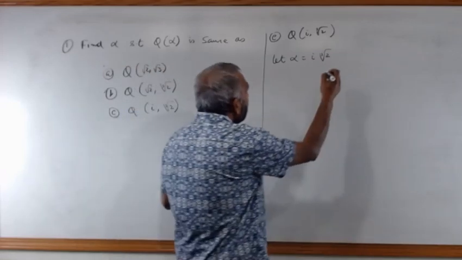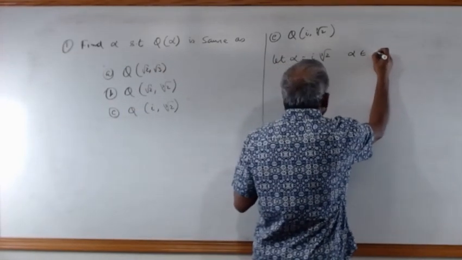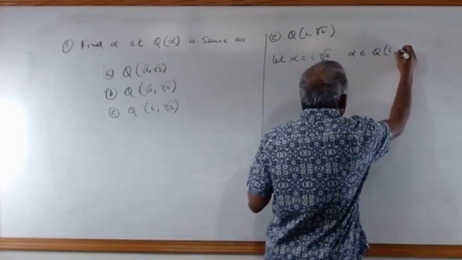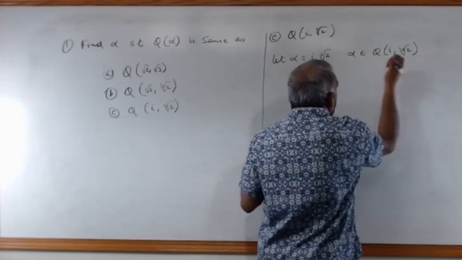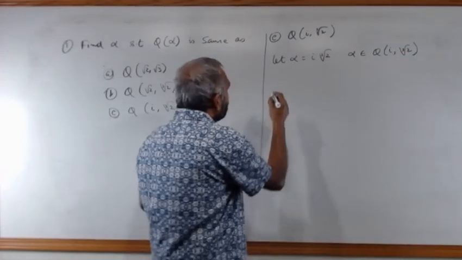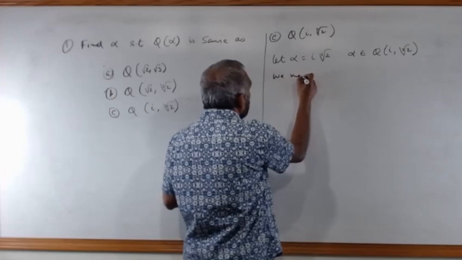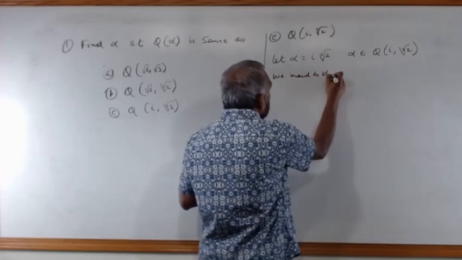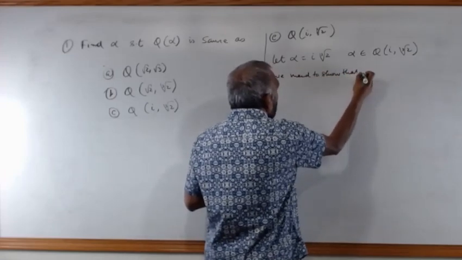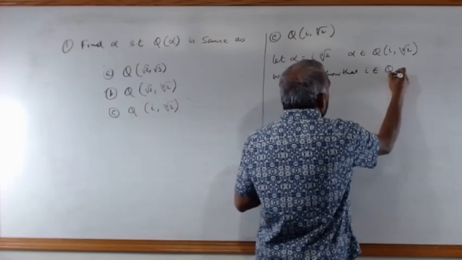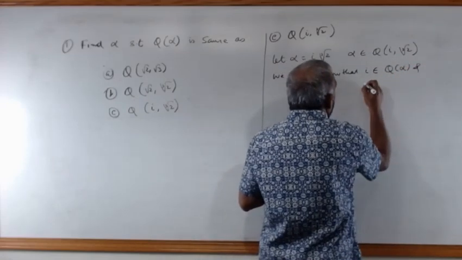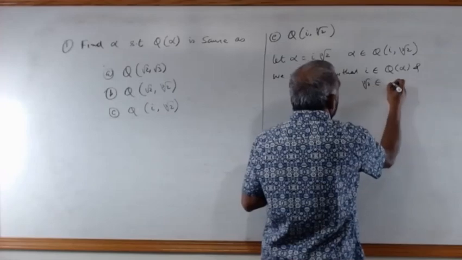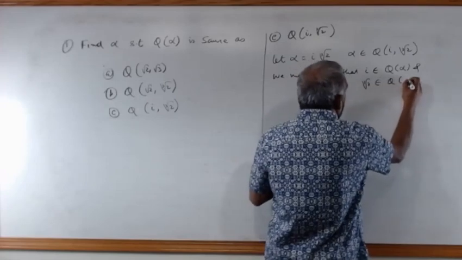So definitely alpha belongs to Q of I cube root of 2. No problem. Now we need to show that I belongs to Q of alpha and cube root of 2 belongs to Q of alpha.